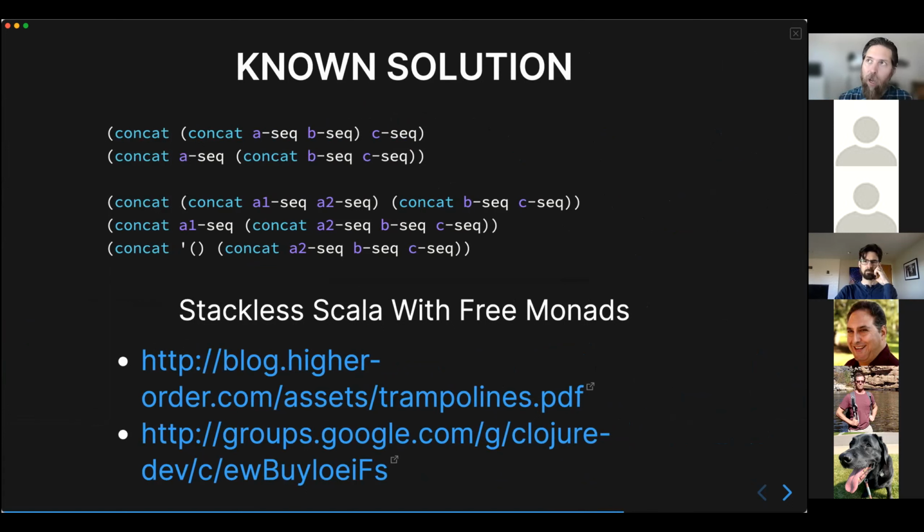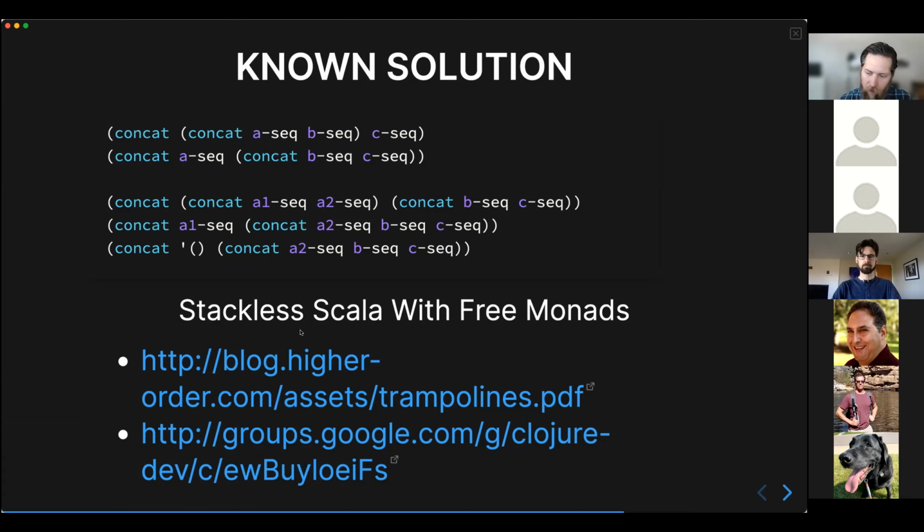There's a known solution to this, which is that you can rearrange these concats, using the monadic identities and the way that things compose, and rewrite it such that whenever you see a concat of concat, you rewrite it so that it's a concat of the first sequence and then the concat. Ultimately you get down to this empty sequence with everything else in the next concat, and then it doesn't end up consuming any more stack space.